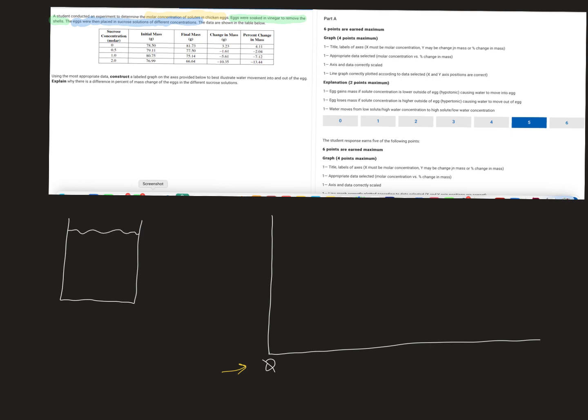I have an egg without a shell, and it's sitting there in a solution, and the solution is of different molar concentrations.